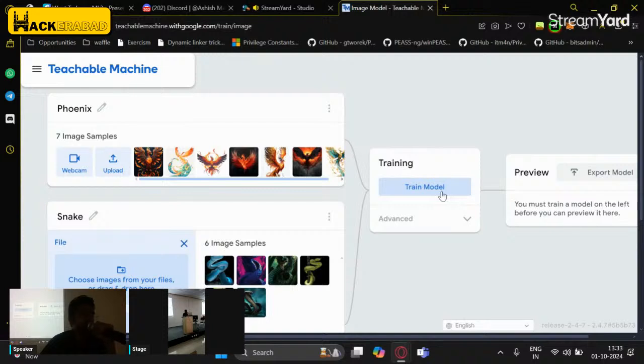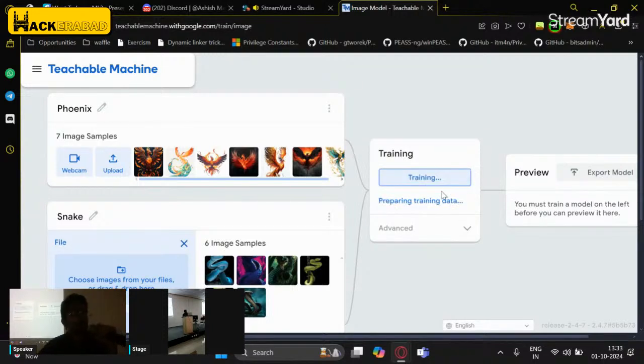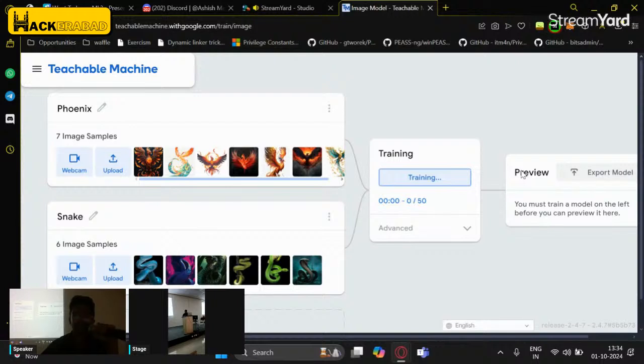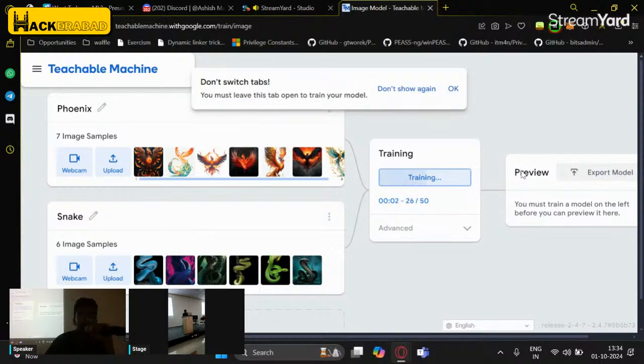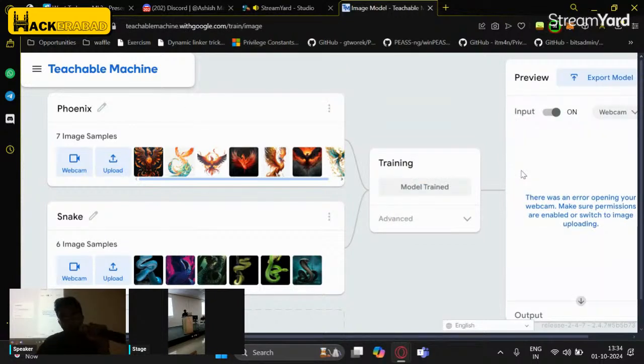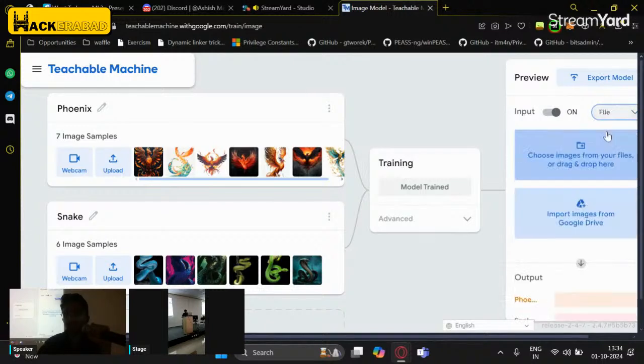Over here, it's a single button. But in real time, it's a complicated process. You'll get to it slowly. Now my model got trained. It's very fast. I have to choose the option of file. Now I test it.